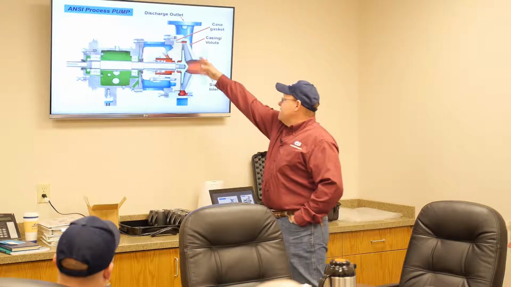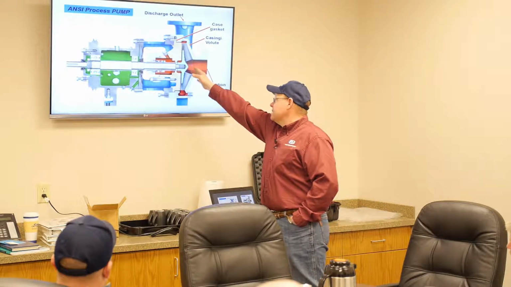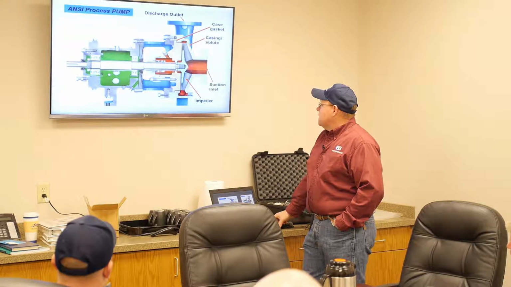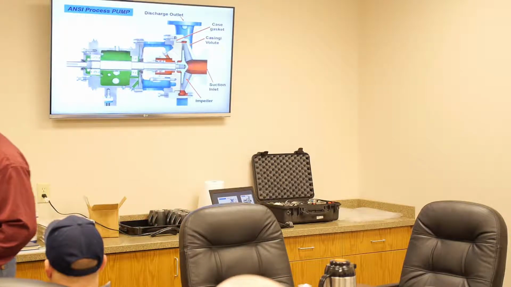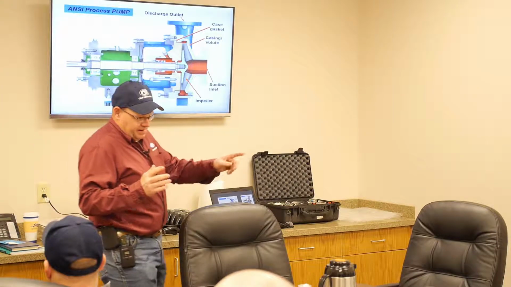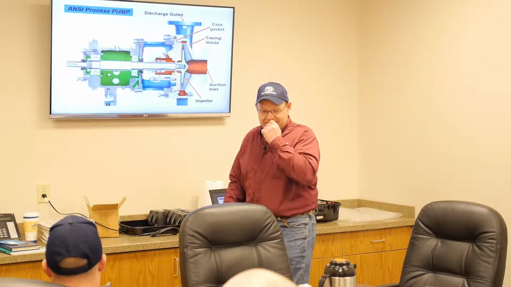There's obviously a case gasket to seal between the power frame, or between the stuffing box and the volute. The impeller's right here. That's not a real good picture of the impeller. This is a little bit better diagram of the impeller here from that standpoint. We usually have a cutaway here that's basically a pump cut with a 90-degree corner out of it so you can see it.